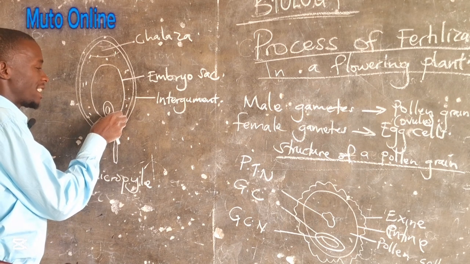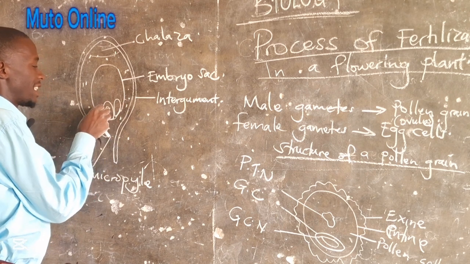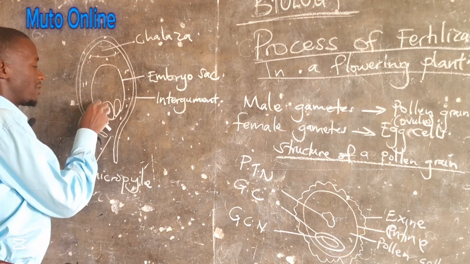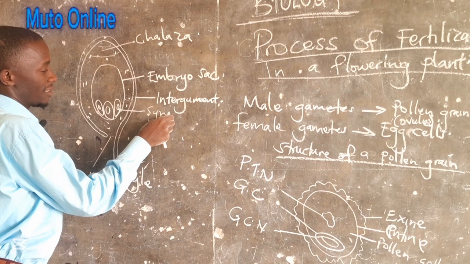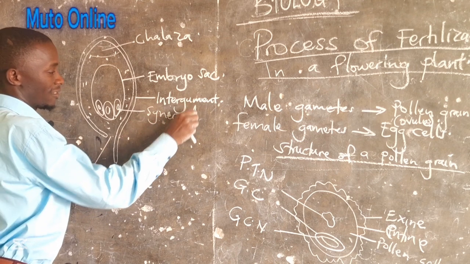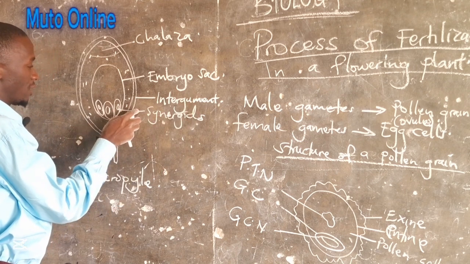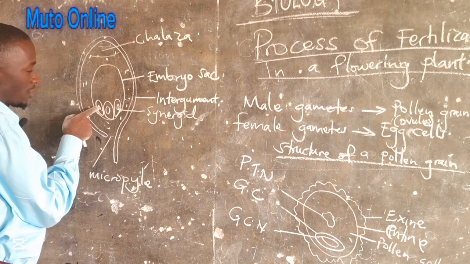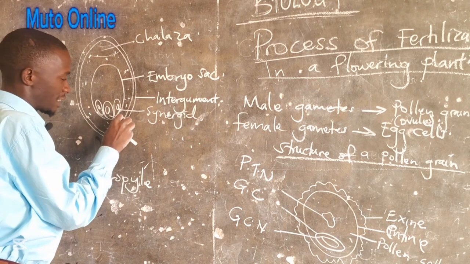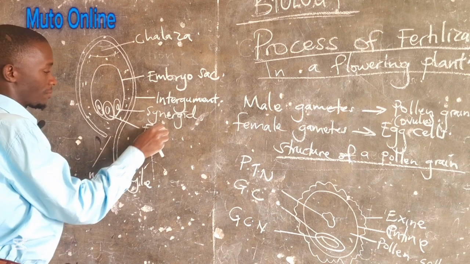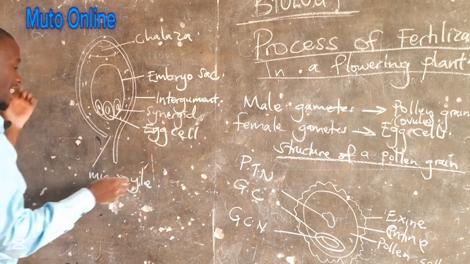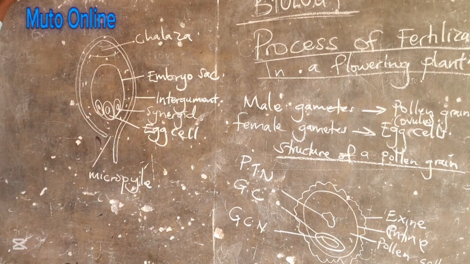Beside it there are two other cells, known as synergids. This one is a synergid, and this one is also a synergid.